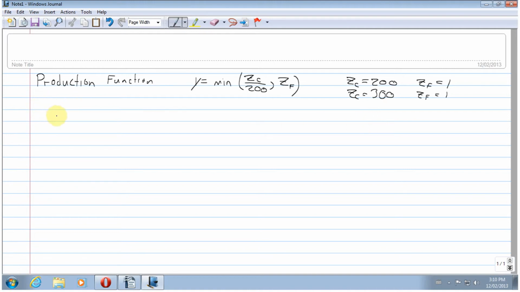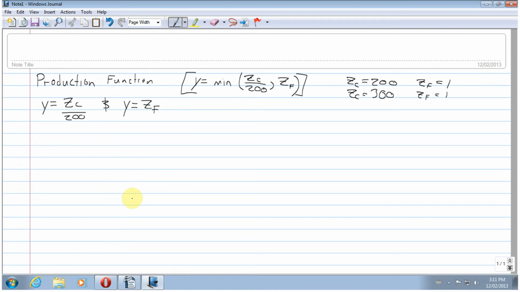Okay, so we're going to keep going on this, and if you watched the last video, then you know about optimality conditions and feasibility conditions. This here is our feasibility condition, and our optimality condition is that y equals ZC over 200 and y equals ZF.